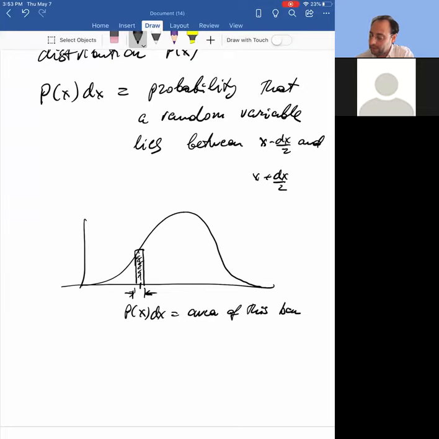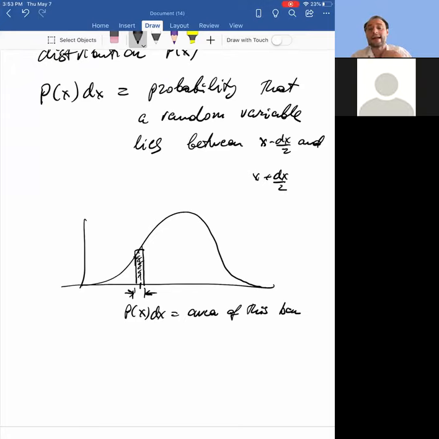The probability that the dart lands within this region is the area under the curve within that small region. And as the region gets smaller and smaller, we can approximate it by this rectangle, the usual stuff.